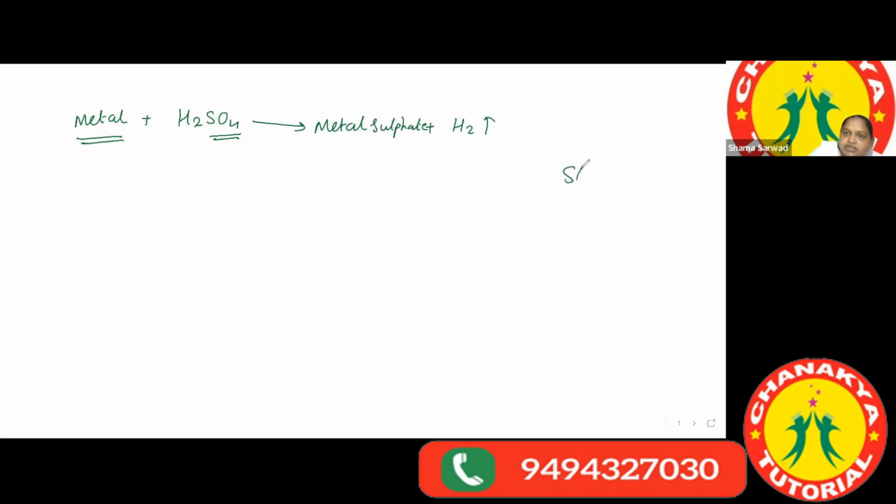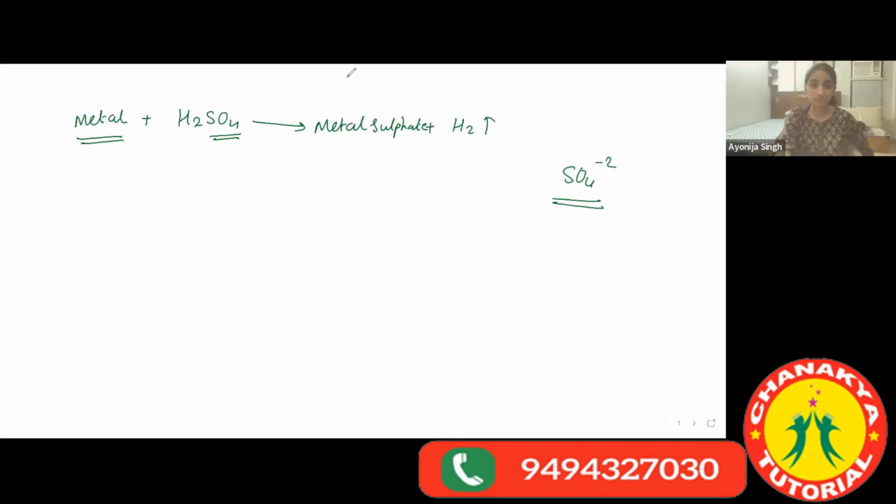Sulfate valency is SO4 minus 2. This you have to keep in your mind. So the metal valency is there with you, and the sulfate valency I gave you. You can frame the number of reactions. Can you? Yes or no?